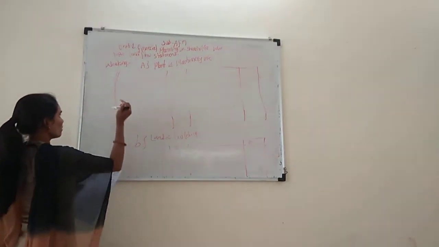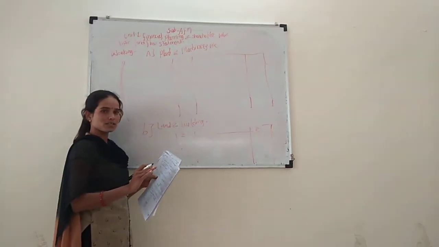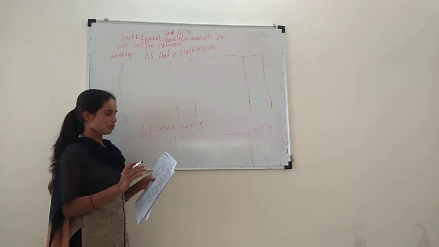First, plant and machinery, to balance brought down. Show the statement balance sheet 2018 and 19 problem.